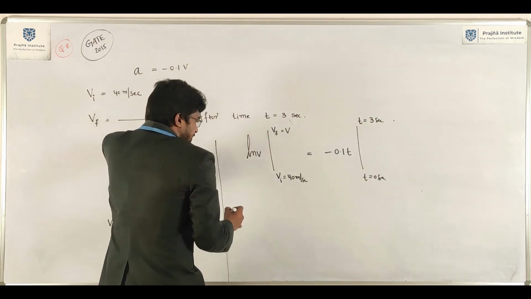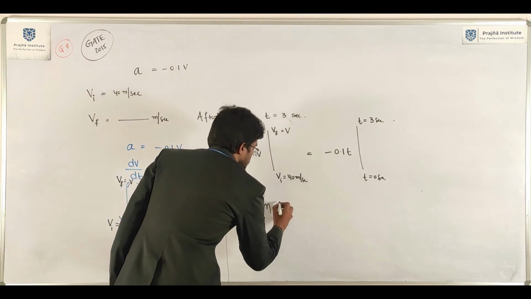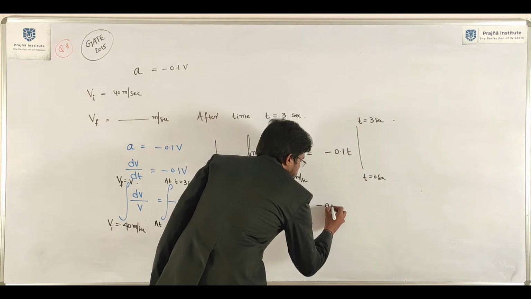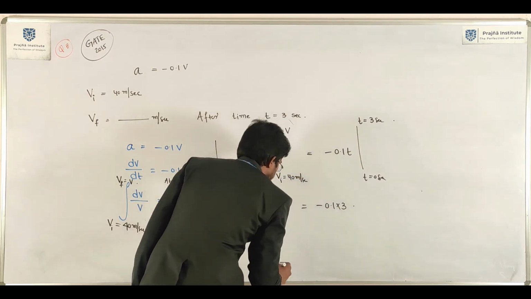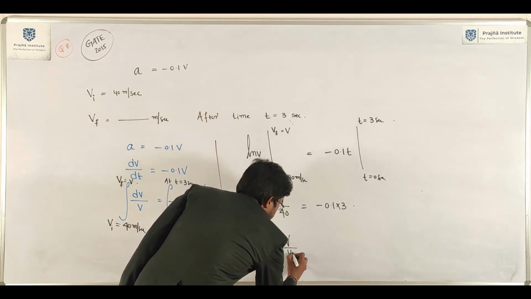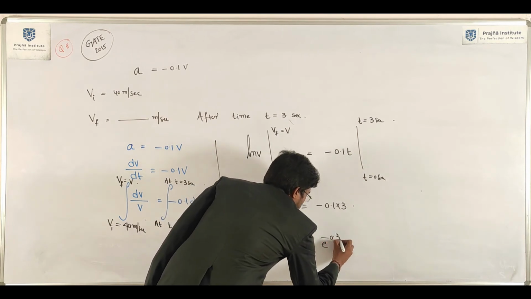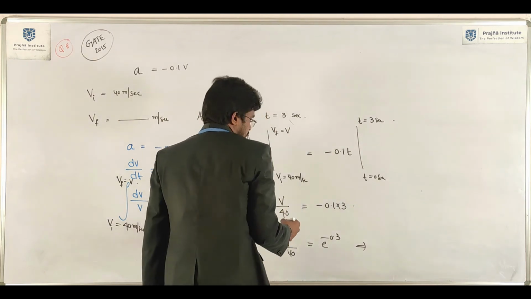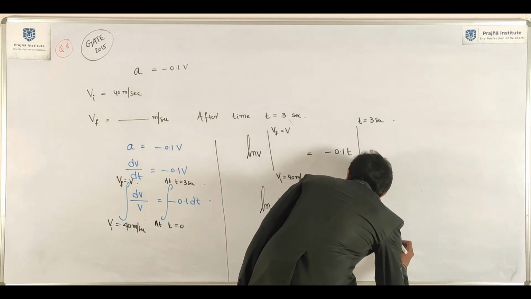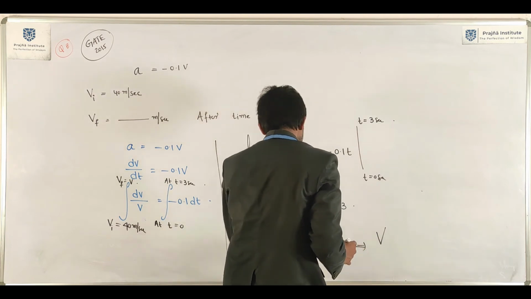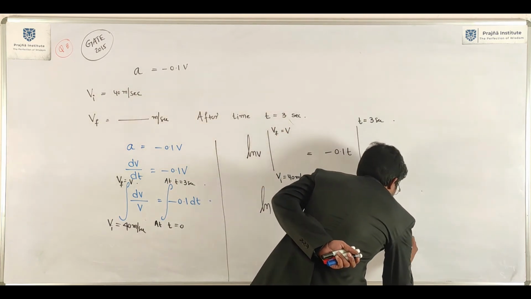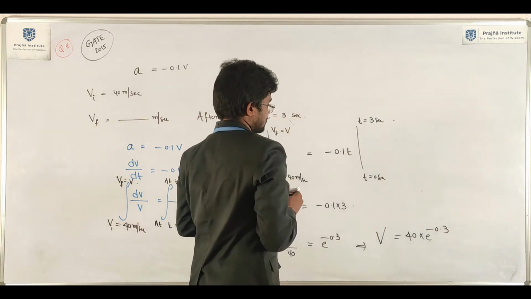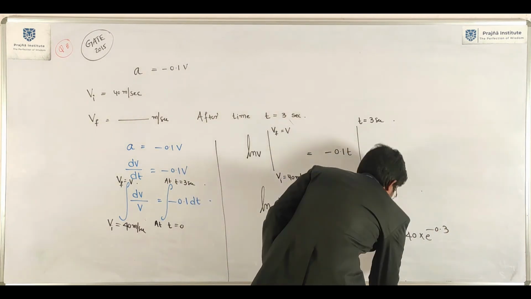How much are you getting, tell me? ln v by 40 equals minus 0.1 into 3. So v by 40 equals e power minus 0.3. Then what is the final velocity? v equals 40 into e power minus 0.3. It is the final velocity.